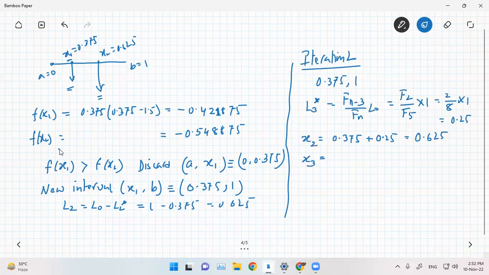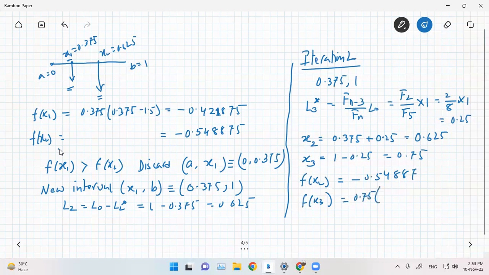So the other one has to be the new number x3. So 1 minus 0.25 will give you 0.75. Now f of x2 we already calculated, which is minus 0.54887.